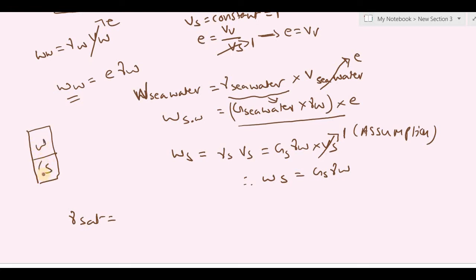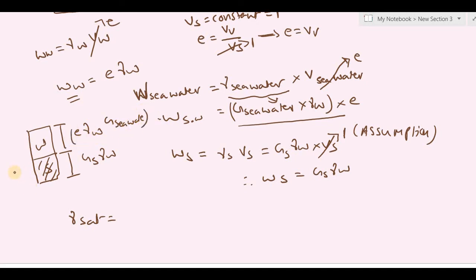This is the solid, this is the water; the weight of solids is Gs gamma W, and the weight of water is E gamma W into G sea water.